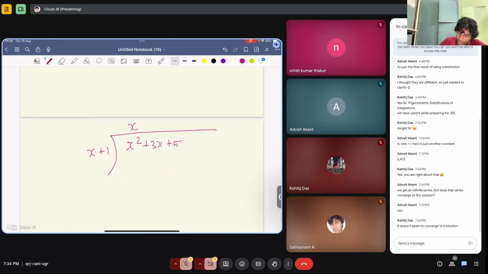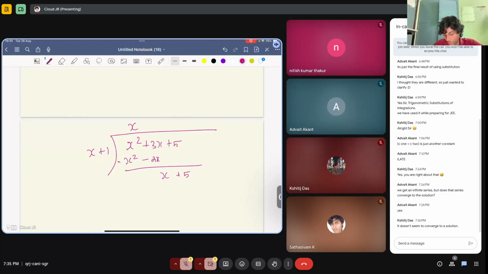So I have to multiply by x, and that gives me x square plus x, right? And I'm subtracting it here. That leaves me 2x plus 5.